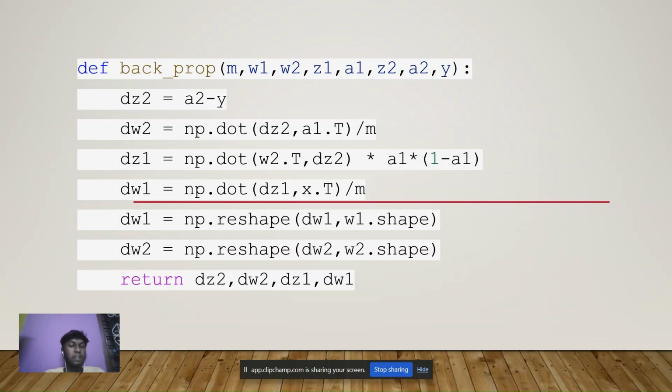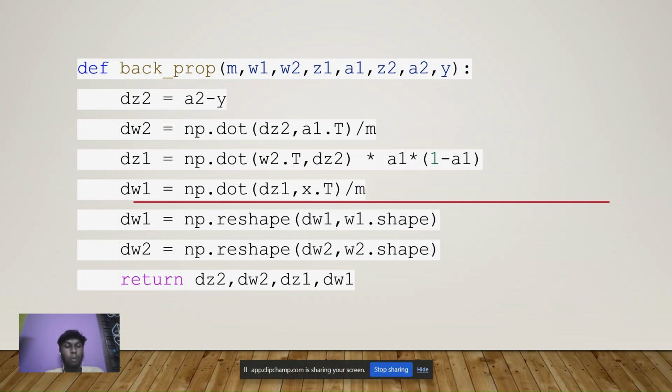Here is a step-by-step explanation of the code. back_prop takes eight arguments: m, w1, w2, z1, a1, z2, a2, y. m is the number of training examples. w1 and w2 are the weights of the first and second layer respectively. z1 and z2 are the pre-activation values for the first and second layer respectively. a1, a2 are the activation values for the first and second layer respectively. y is the ground truth or actual output.